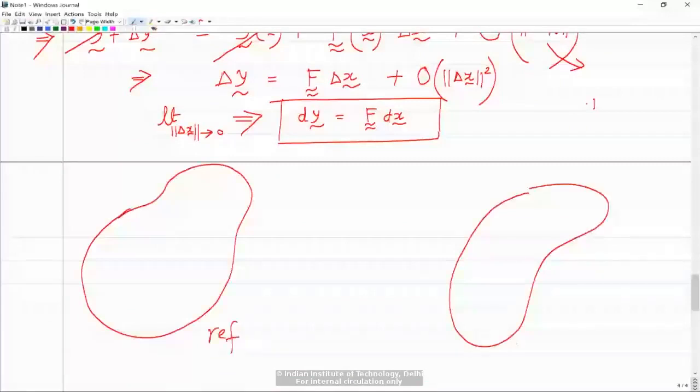So reference to deformed, and suppose you are at a point X, then think of very, very small lines emanating from X, tiny lines. So these are your dx, right? These are your dx. And then you come back here at y, then you again have those tiny lines.